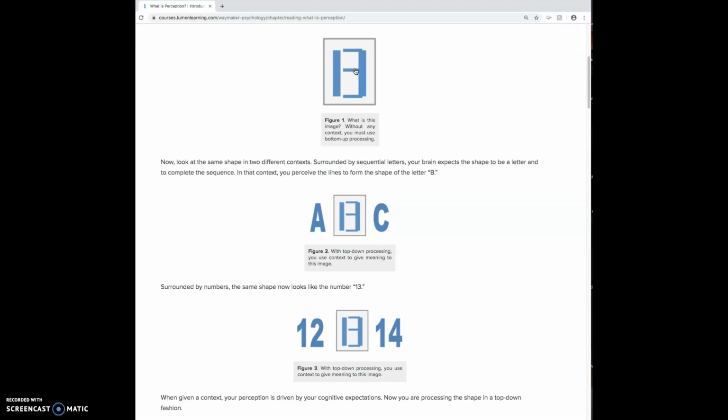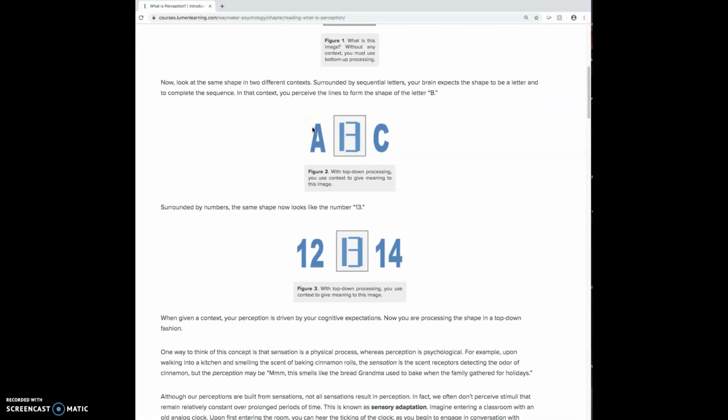Your brain can say, well, there are 2 thick vertical lines and 3 thin horizontal lines. There is no context to give it a specific meaning. So there is no top-down processing, it's only bottom-up. It's what you see as a stimulus and your brain trying to interpret it.